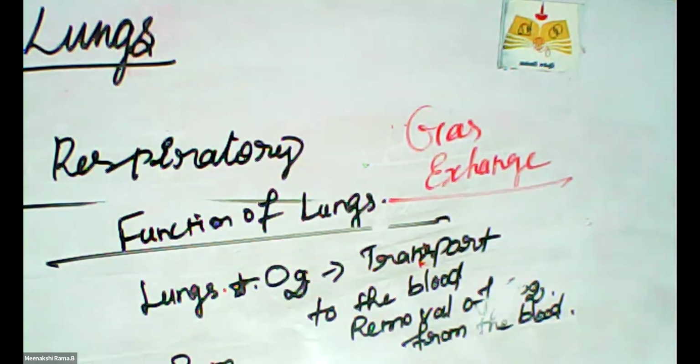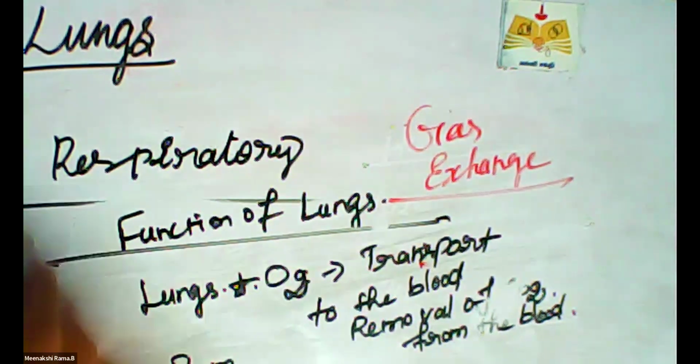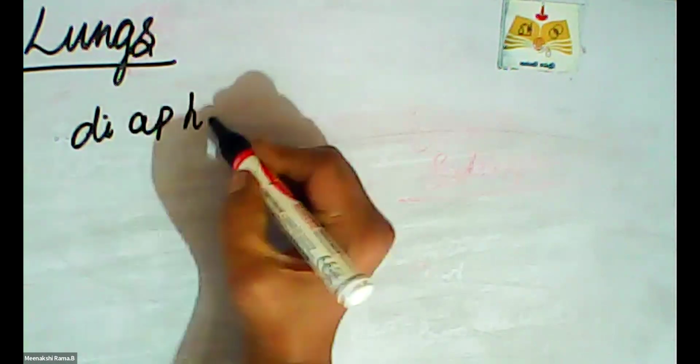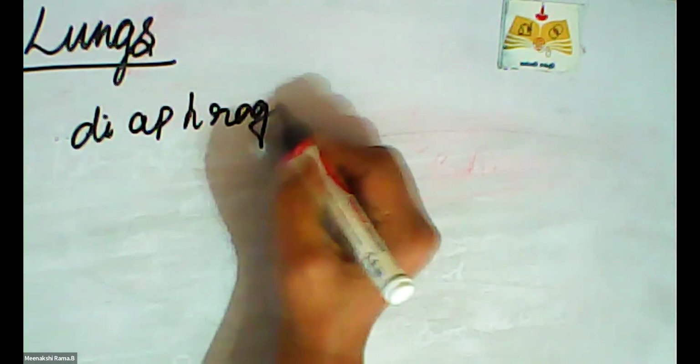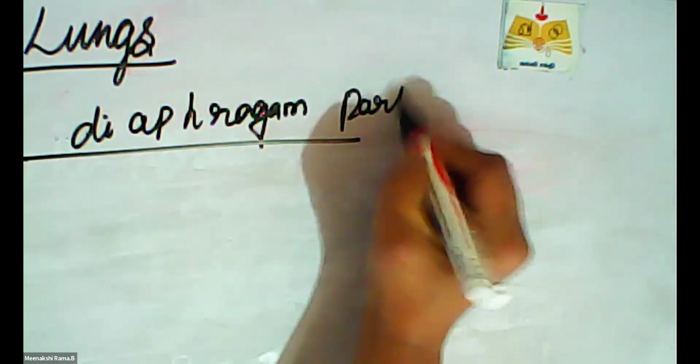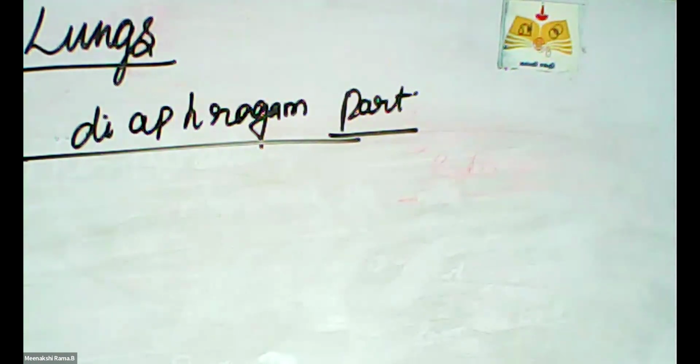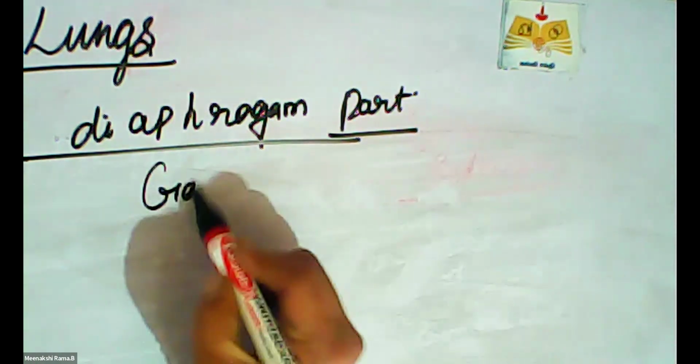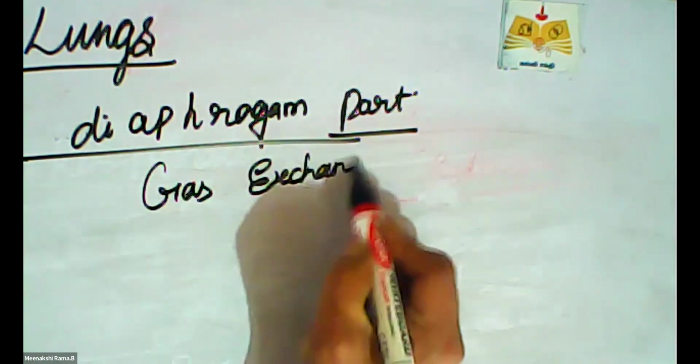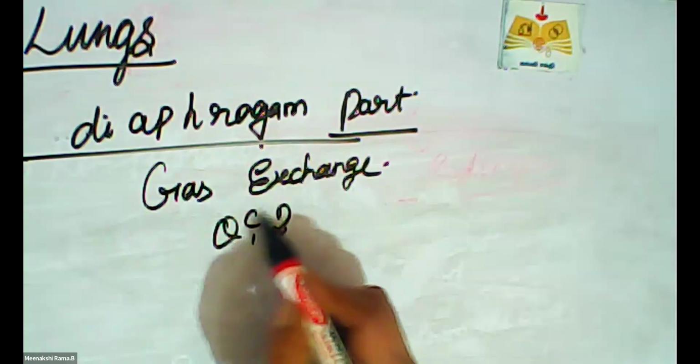The diaphragm is responsible for the exchange of gas in the lungs. It is one of the important parts, because it is responsible for gas exchange, meaning oxygen and carbon dioxide.